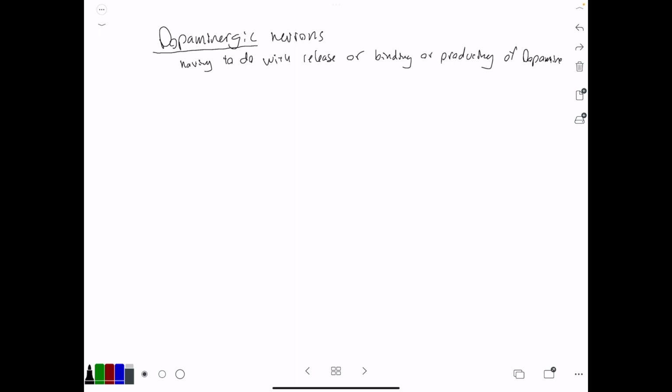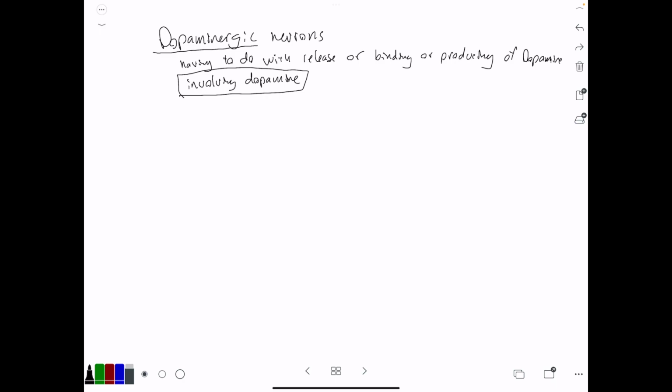Really, it's just sufficient to say relating to, involving dopamine. I don't know why I wrote out that whole list there. So just involving dopamine is a more straightforward and all-encompassing definition.